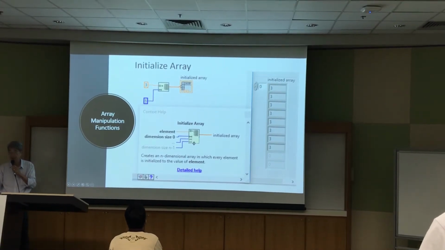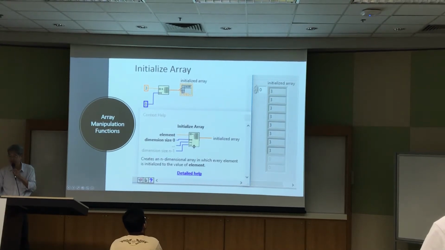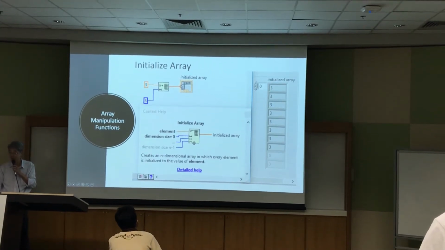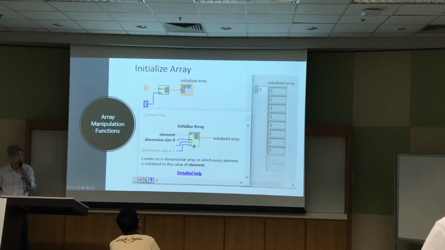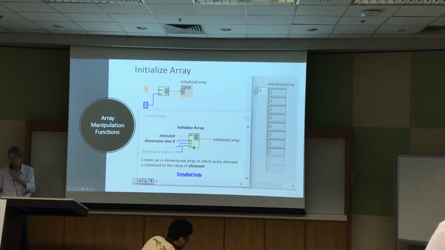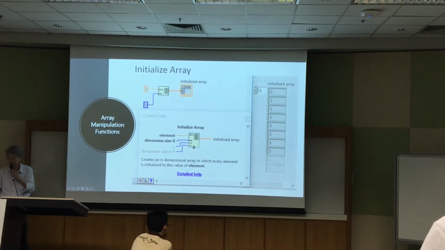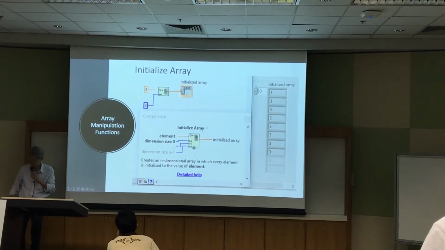And how much of it? 8. That means the length is 8. So for 8 elements, all 8 of them are initialized with the number 3. The last 2 you can see are 0, but they are actually not really 0. It is dim. Dim means not initialized. Okay, so this is how the initialize function works, and make sure you know it.